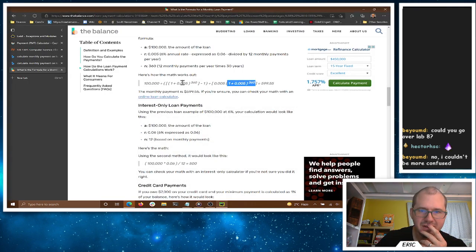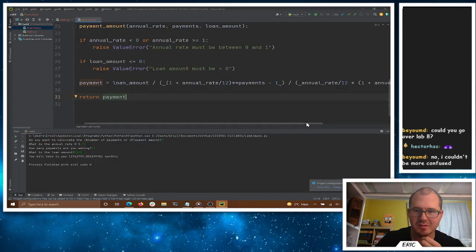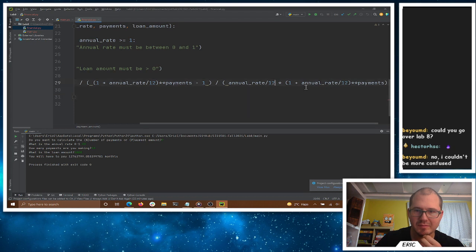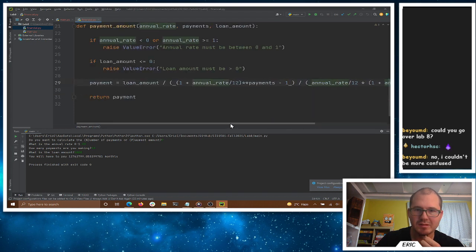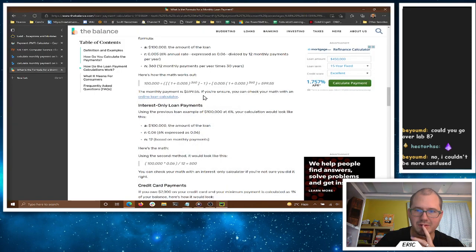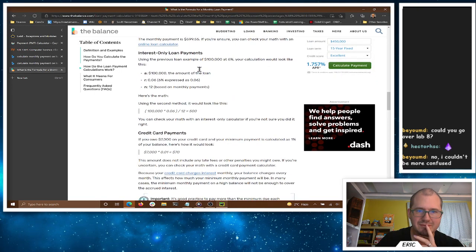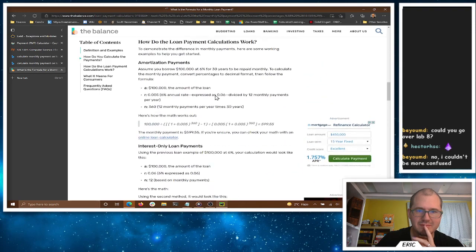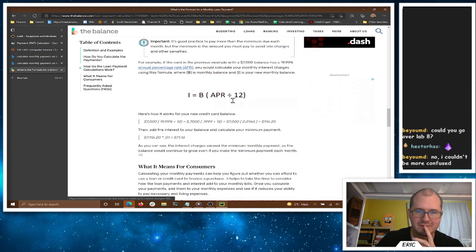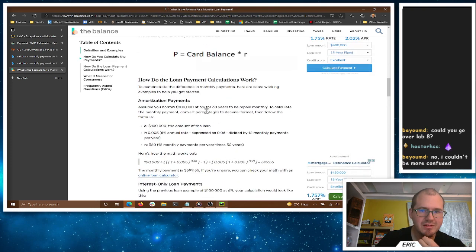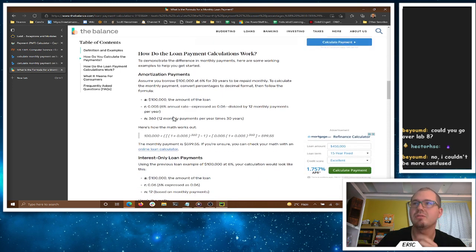Loan amount divided by the rate times... still giving us the wrong number. I don't know what I did wrong here, folks. I'm sorry. It must be something with our formula.